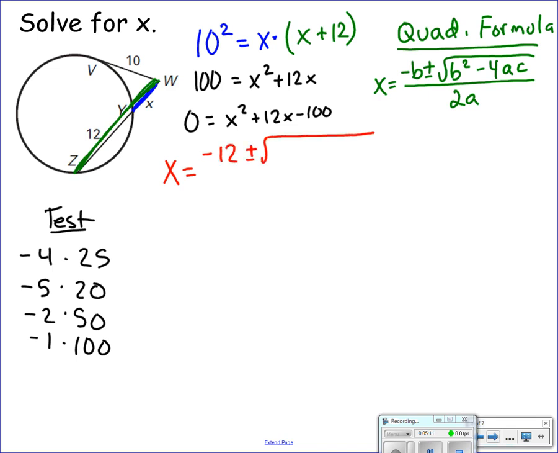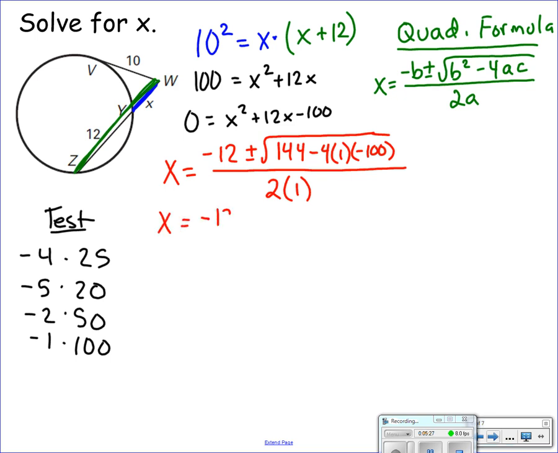So, solving our quadratic, we have x equals opposite of b, negative 12, plus or minus the square root of b squared, 144, minus 4ac, which is negative, all over 2a. On the bottom, we have a 2.